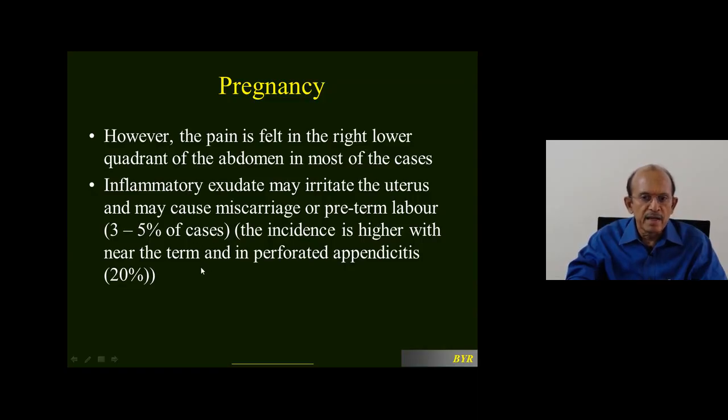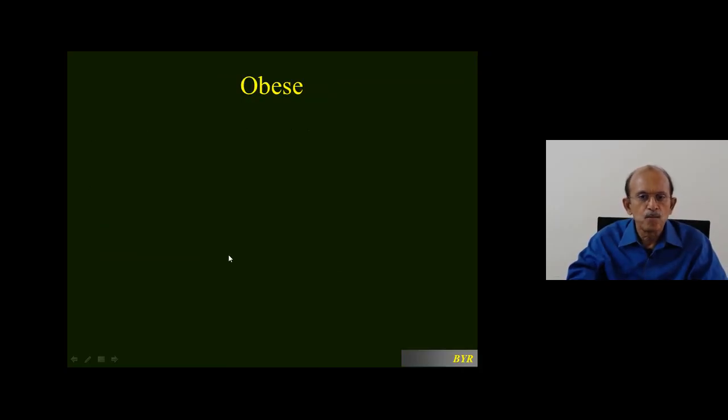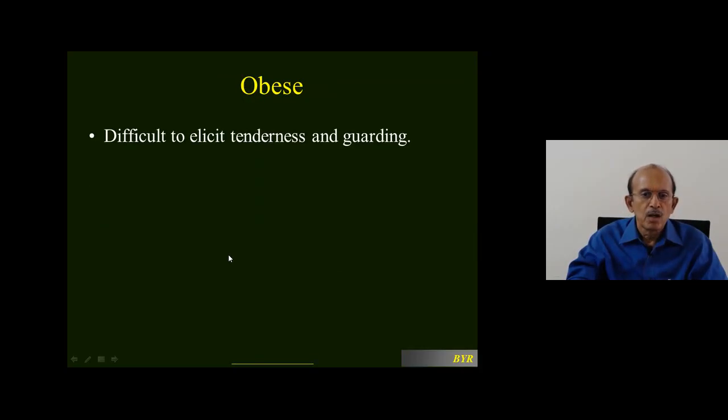The incidence is higher with near-term and perforated appendicitis. In obese people, it is difficult to elicit tenderness and guarding because of the large amount of fat in their abdominal wall. So it is difficult for us to elicit tenderness and guarding.